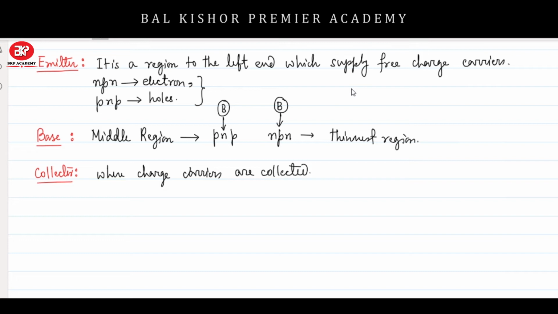The area of this region is the largest. Compared to the emitter and the base, the doping level of this region is intermediate.